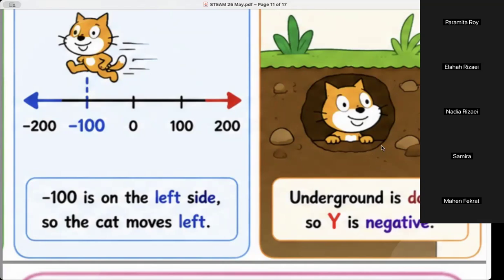So the position will be, come on girls, the y-axis will be negative. Bravo! The y-axis will be negative because this sprite's position is here.